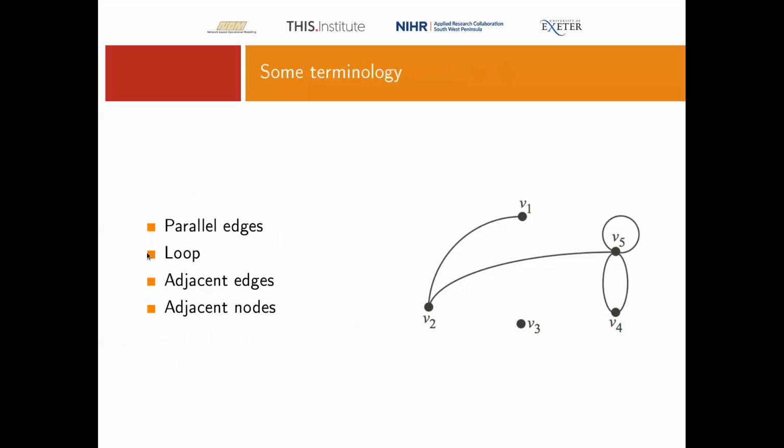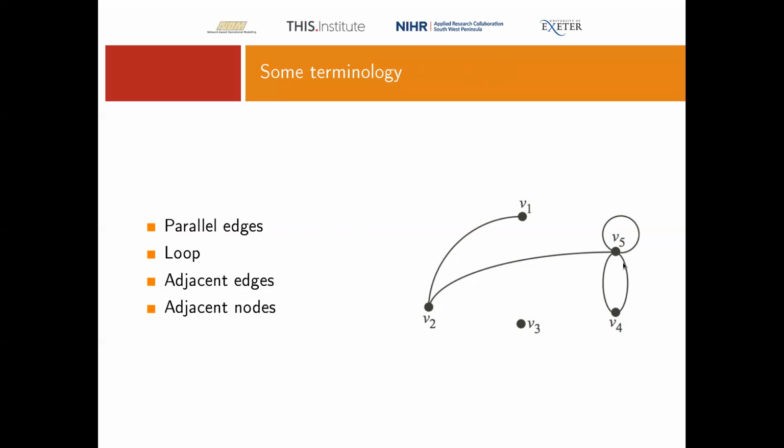We get things that are called parallel edges, and this is depicted between V5 and V4 here, where we can see that there is a link from V4 to V5 and from V5 to V4. These are parallel edges because they're describing movement between the two nodes in opposite directions, but between the same two nodes.